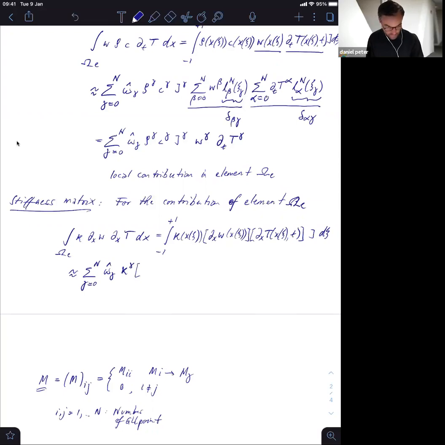Now we have to write down what the, well, let's take the Jacobian as well here. So we have the Jacobian, J gamma, and now the function expansions. So we have our sum over beta of the test function.